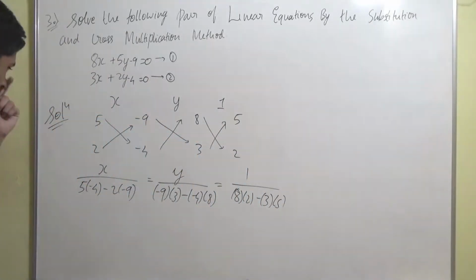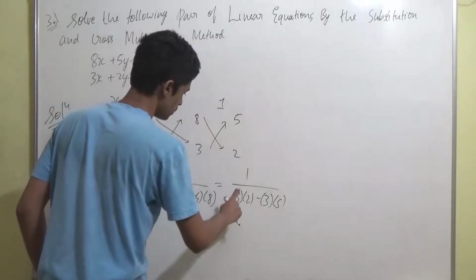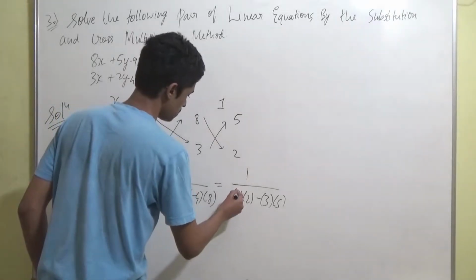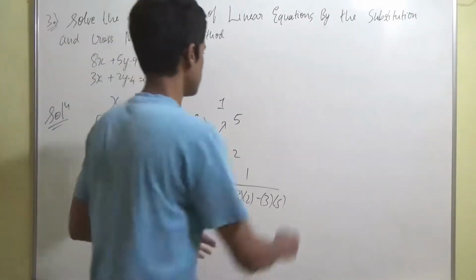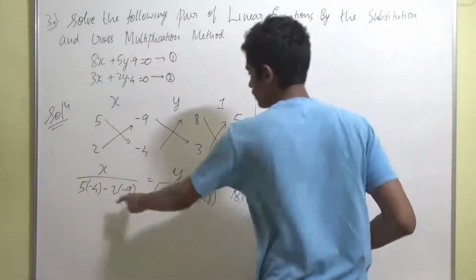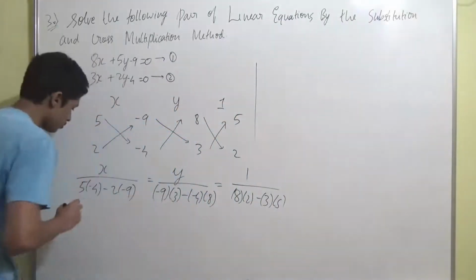Now let's find the value of x and y. That's it, right? To find the value of x and y, what are you going to do? You're going to compare these two first, right? I mean equating. So we are going to equate these two. Before equating, let me simplify this one more step.